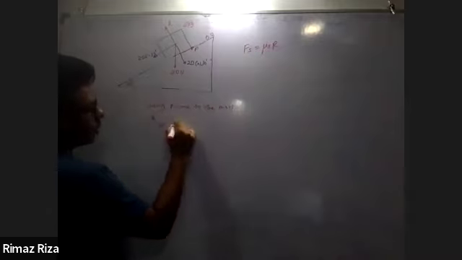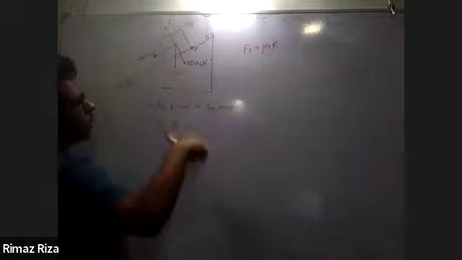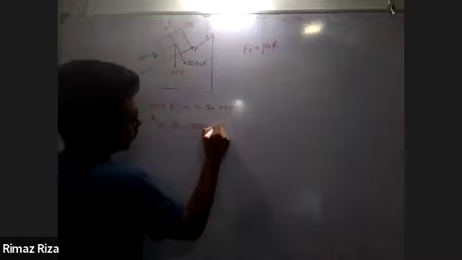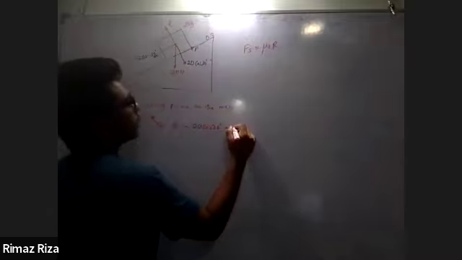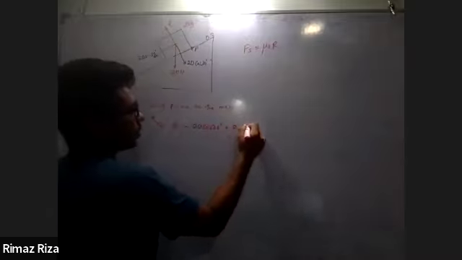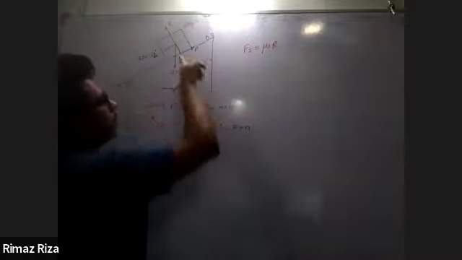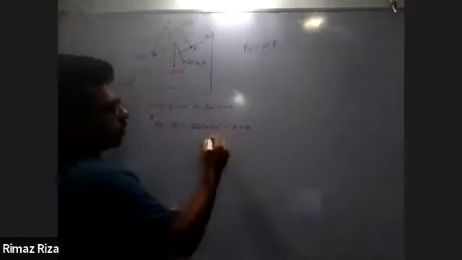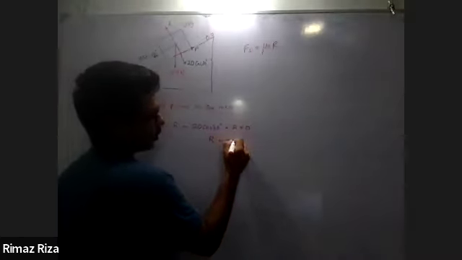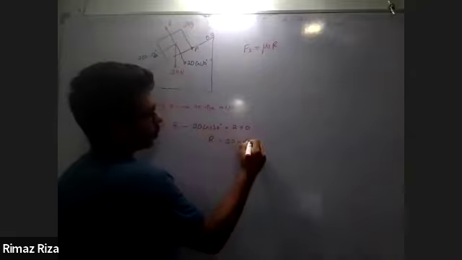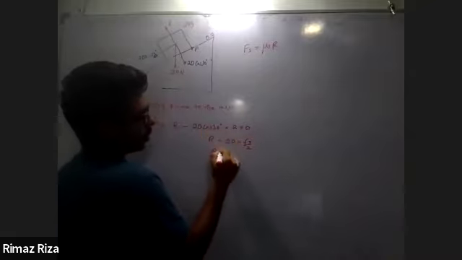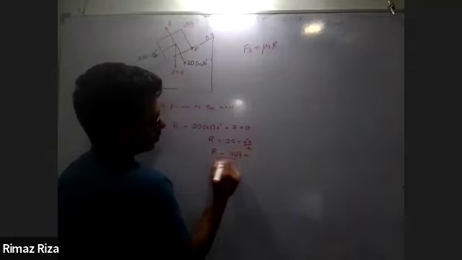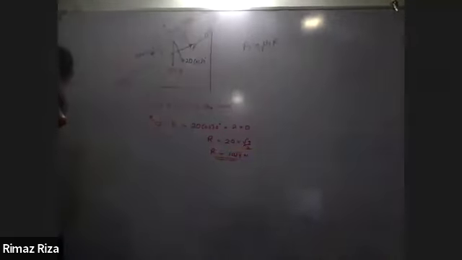In this direction we have R, in the opposite direction 20 cos 30, equals mass 2 kilogram into acceleration 0, because in this direction there is no acceleration. Therefore R equals 20 into cos 30, which is root 3 over 2. Therefore R equals 10 root 3 Newton.